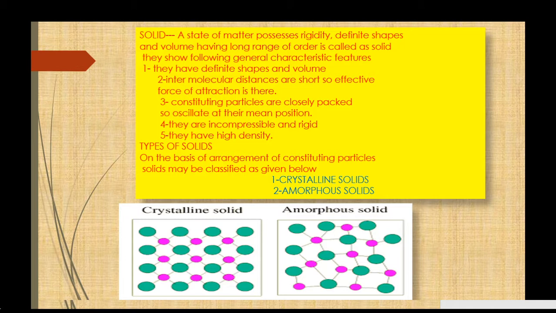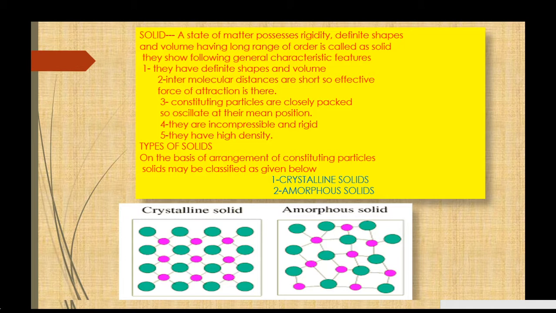There are certain characteristic features for the true solids, the crystalline solids. On the basis of their characteristic features, we can decide that the given solid is crystalline or the given solid is amorphous.